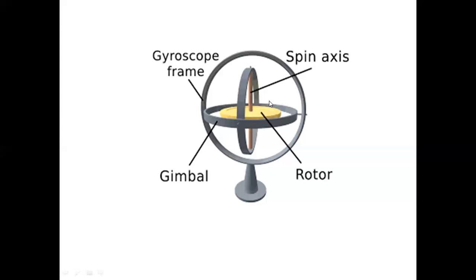Now this is z, this is y. Now which one is remaining? X. So if I am saying that this is the x axis, now when this disk is rotating about this axis, at whatever speed it may rotate, there is no harm.